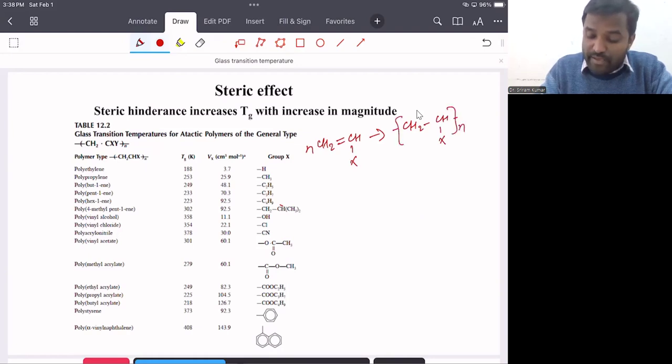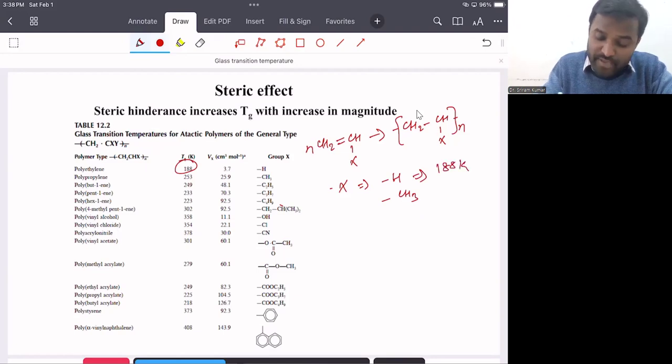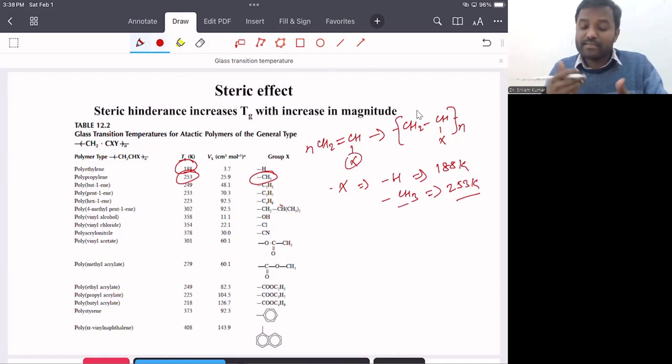For example, if X is hydrogen, we have a glass transition temperature of 188 Kelvin. And if X is a methyl group, we have an increase in glass transition temperature to 253 Kelvin. Because of just changing from hydrogen to methyl, there is some steric hindrance in the rotation of this chain, and because of that there is an increase in the glass transition temperature.